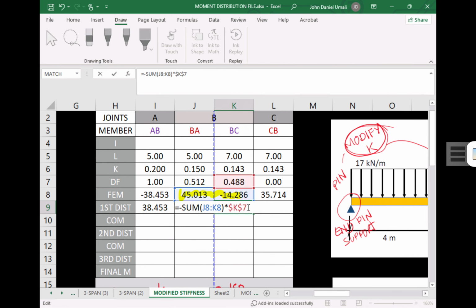Okay, so since we're talking about MBC. And then ito, I can just copy the formula here. Pakita ko na lang that is negative times this one times 0. And then F4. Okay.